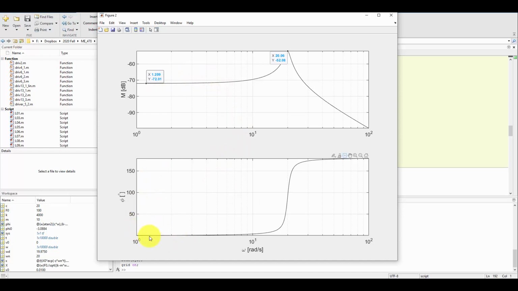And for the phase, we're starting in phase, so a phase of 0 degrees. The peaks of our output are going to match the input peaks, and the valleys the same way. In this case it's going to increase, have an inflection point at the natural frequency, and then at high frequencies we're going to go into antiphase. The peaks of the input are going to be at the valleys of the output, and vice versa.